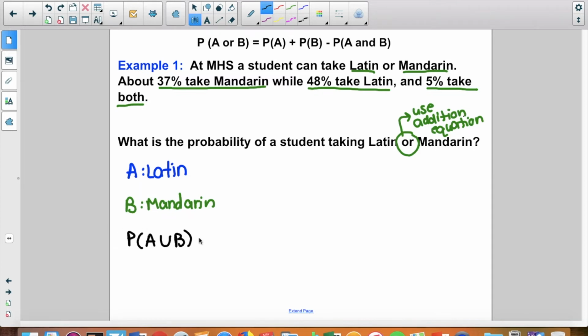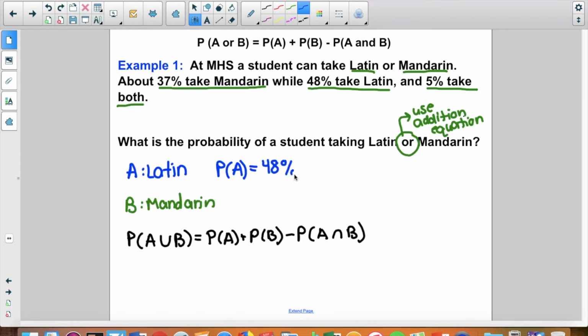The probability of A or B equals the probability of A plus the probability of B minus the probability of A and B. So we need to find the probability of A. So the probability of A, which is a student taking Latin, is 48%.